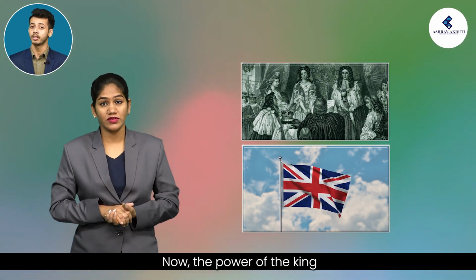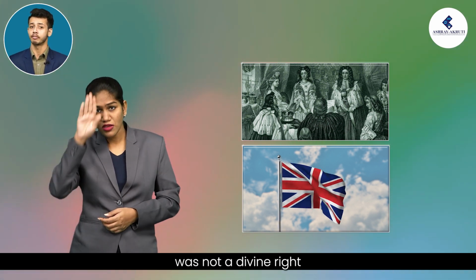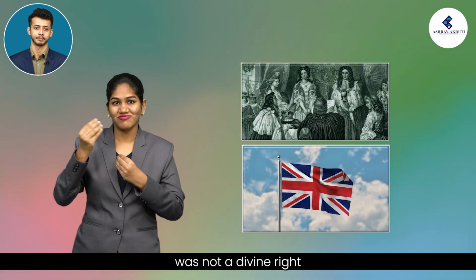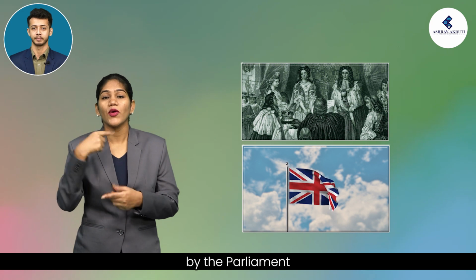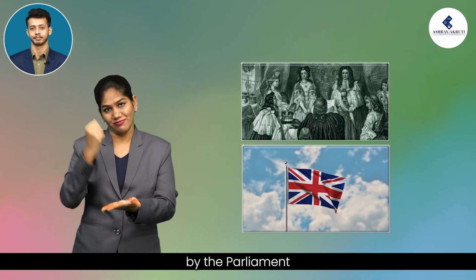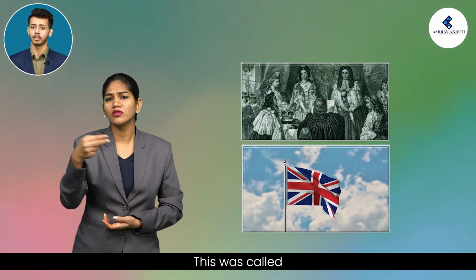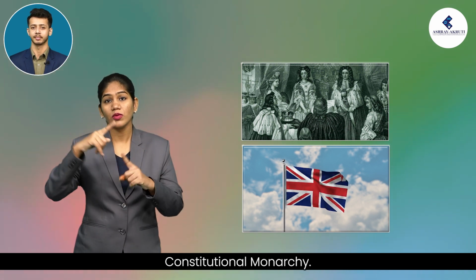Now, the power of the king was not a divine right, but it was granted by the Parliament. This was called constitutional monarchy.